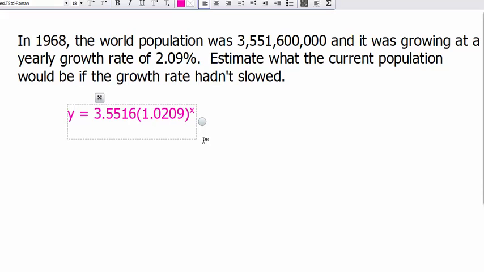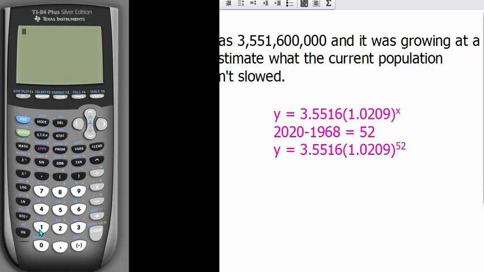Well, it's currently the year 2020, and this is 1968, so when we subtract those, we are going to get 52 years. So because we know exactly what year we want to go to, we're just going to plug that into our equation and number crunch it.